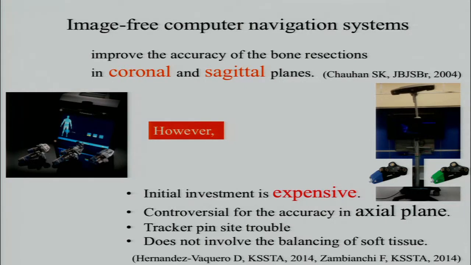However, it's still controversial in axial alignment because we have to match the CT image or some virtual image to the real bone, such as femoral condyles and tibial condyles. That is registration. The registration process is very difficult because soft tissue covers the surface of the bone.